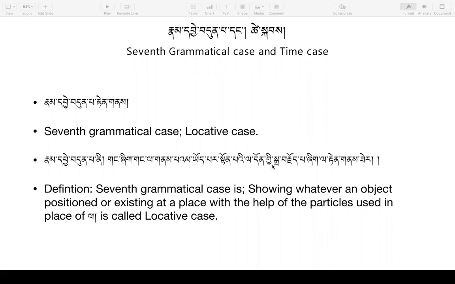Kangshi kangla nebam yopartumbe la dungi Drubpay tinesir. So whichever or whatever an object that is positioned or existing at whatever position it is, and this is shown by the usage of the particle used in place of la, is called the locative case.